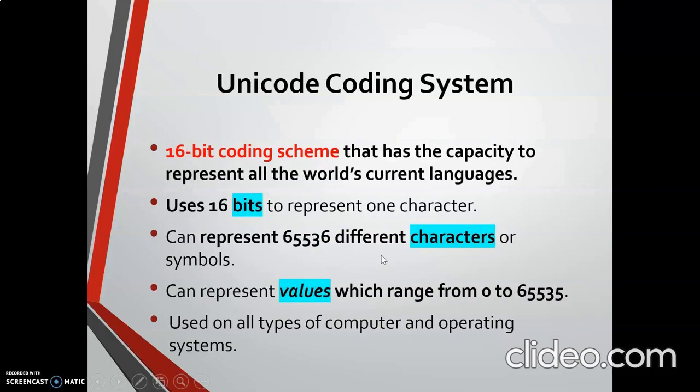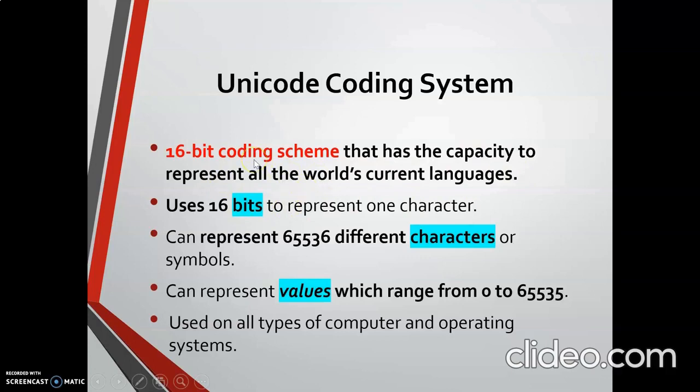Now the third one, the Unicode coding scheme, which is mostly used now in computers and devices, is defined as a 16-bit coding scheme that has the capacity to represent all the world's current languages. Or some other definitions say most of the world's current languages.